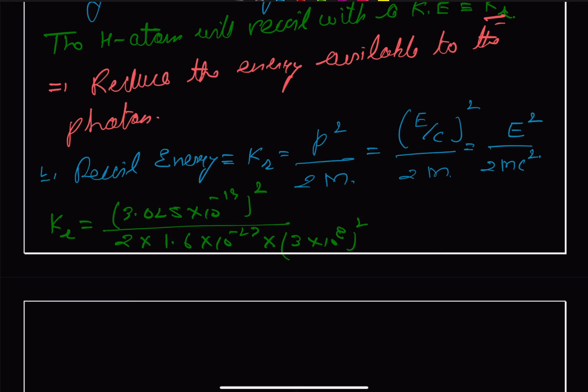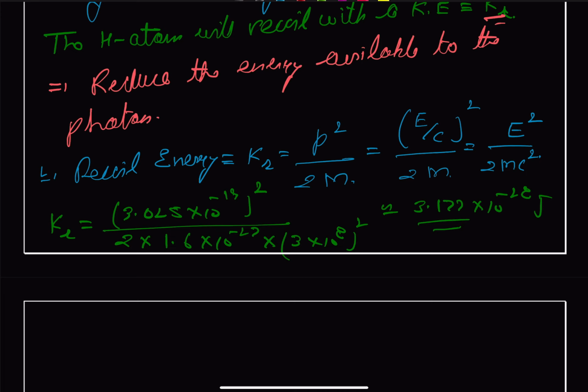So we get the kinetic energy or recoil energy is approximately equal to 3.177 into 10 to the power minus 28 joules.